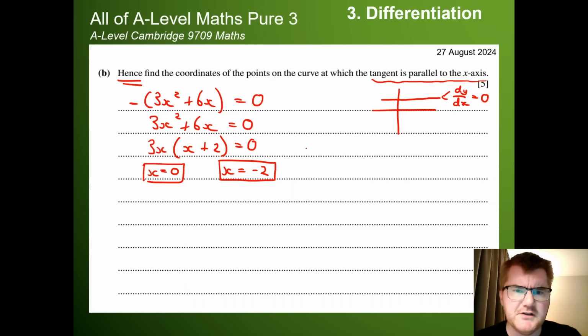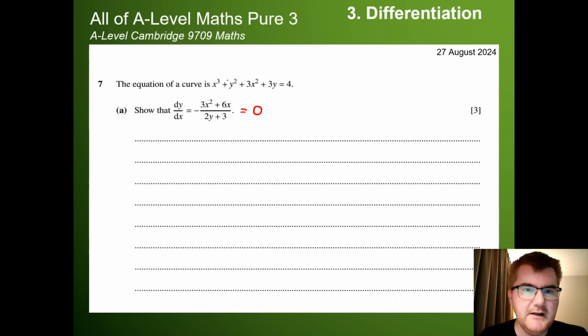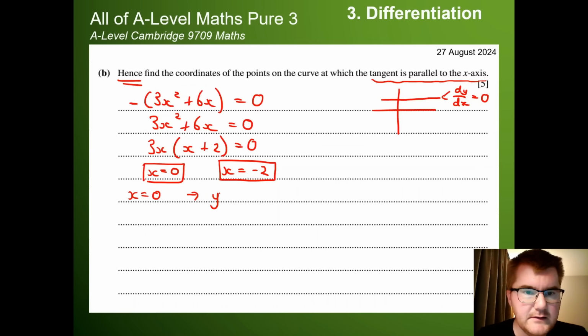So it's a 5-mark question, so it can't be as easy as this. So we'll do x is 0 first. And notice we've got the function here in terms of x's and y's. So when x is 0, that leaves us with y squared plus 3y is equal to 4. Okay, that's just a quadratic to solve here.